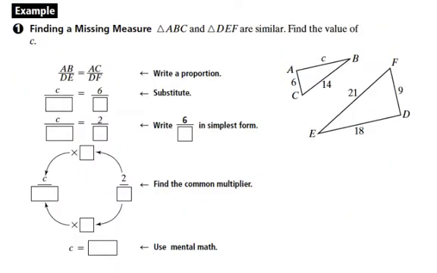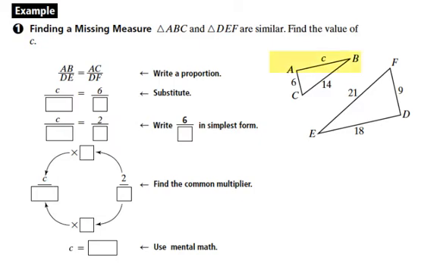Example 1. Finding a missing measure. Triangle ABC and triangle DEF are similar. Find the value of C. To do this problem, we're going to set it up as a proportion.